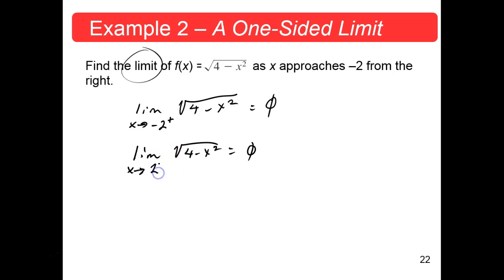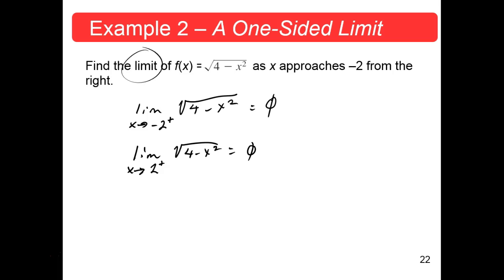Just +2? With the positive, is that what you said? Okay. How about it, folks? As x approaches 2 from the positive side, like 2.1, would that be close enough?